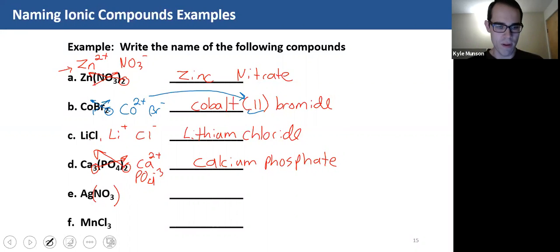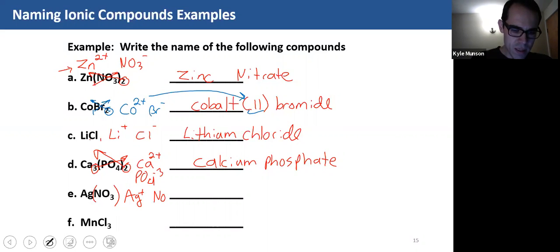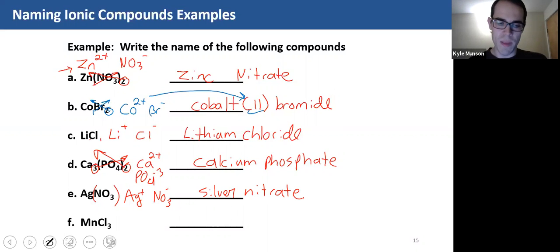That's together in parentheses. You can imagine imaginary parentheses there. So this is going to be silver ion and nitrate again. So this is just silver. And remember, silver is one of those transition metals that its charge doesn't change really. So we don't include its magnitude in Roman numerals there.